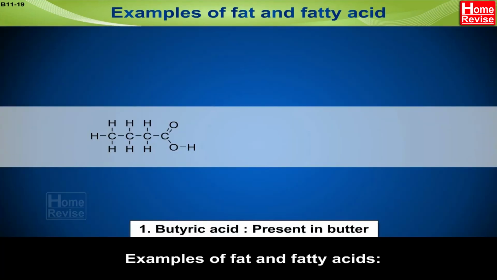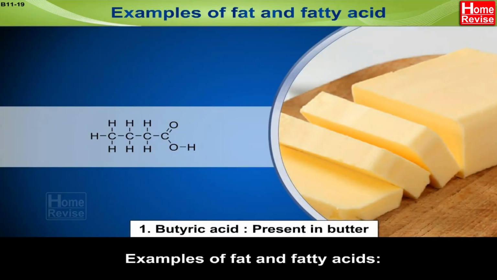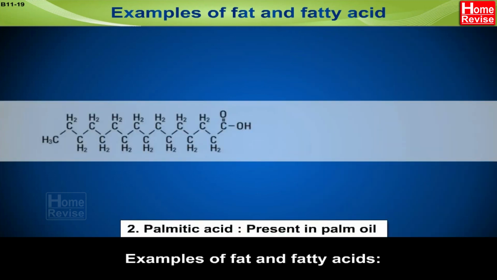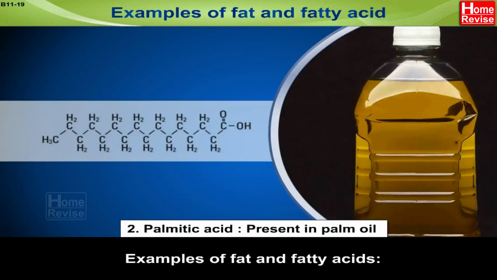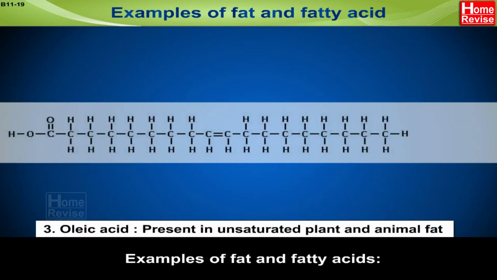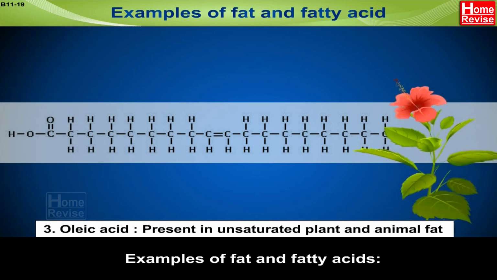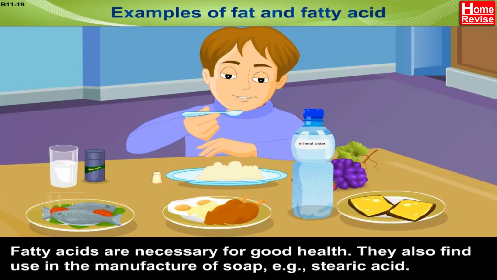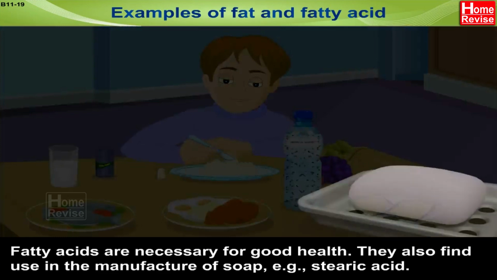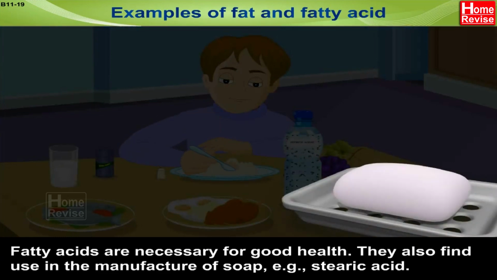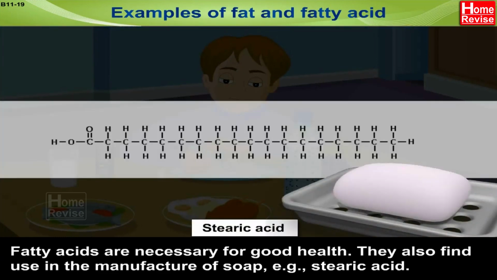Butyric acid present in butter. 2. Palmitic acid present in palm oil. 3. Oleic acid present in unsaturated plant and animal fat. Fatty acids are necessary for good health. They also find use in the manufacture of soap. Example, stearic acid.